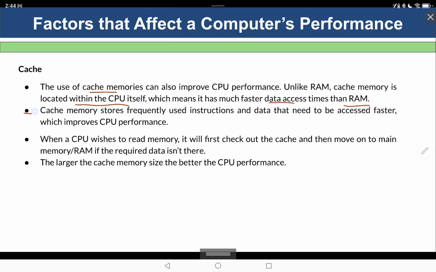The function of the cache is to store frequently used instructions and data that need to be accessed faster, and this will improve the CPU performance. When a CPU needs to read the memory, it will first check the cache to see if the data is there before moving on to the RAM. So the larger the cache memory size, the better the CPU performance.